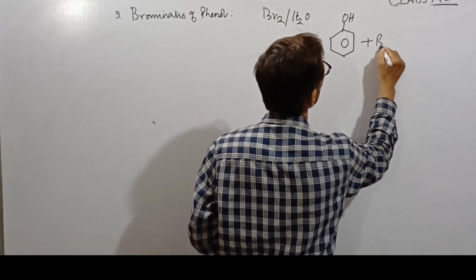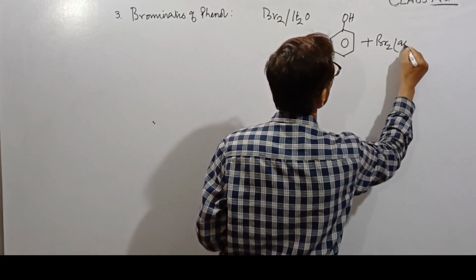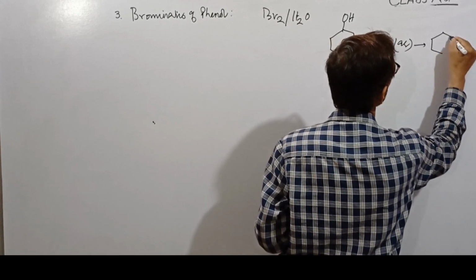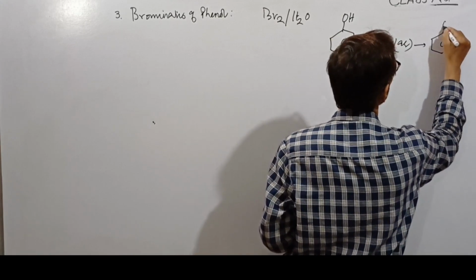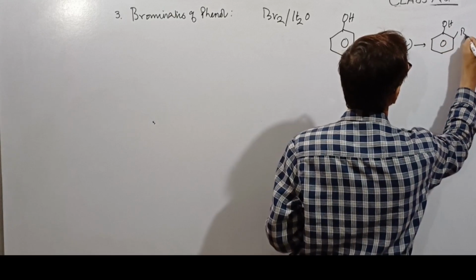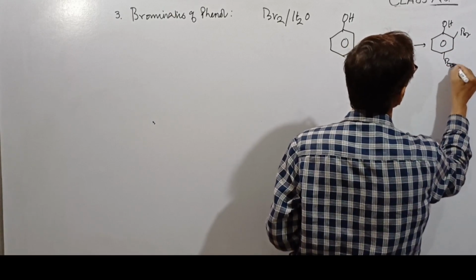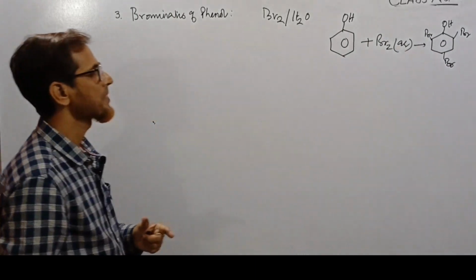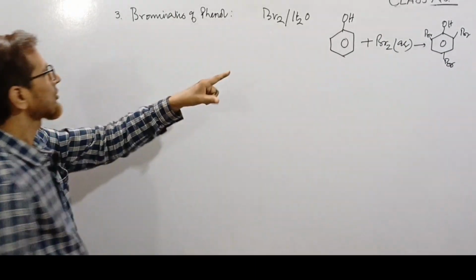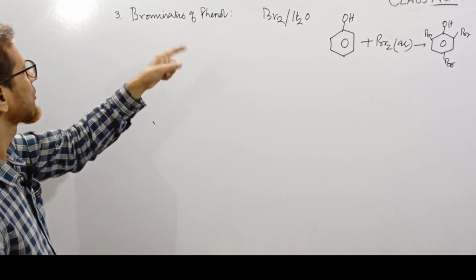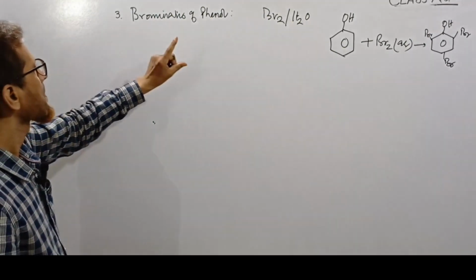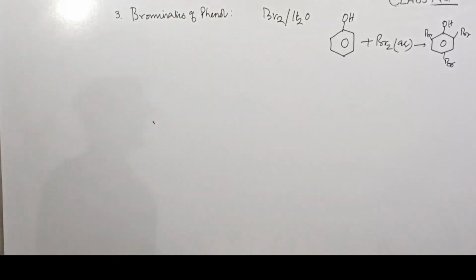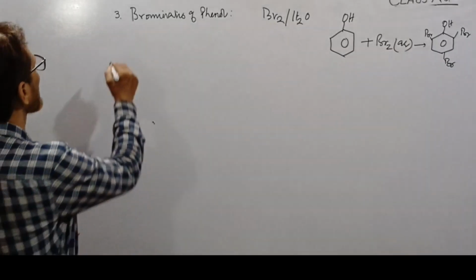Phenol, bromine aqueous, that was 2,4,6 tribromophenol. So what reagent is used to convert phenol into a bromine substituted compound? This is the answer.